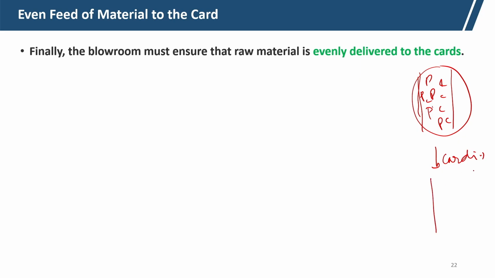But if we do it like this, in this portion all polyester, then cotton, in the carding it is very difficult to blend there. So that is not desirable. We have to feed an even delivery to the card.